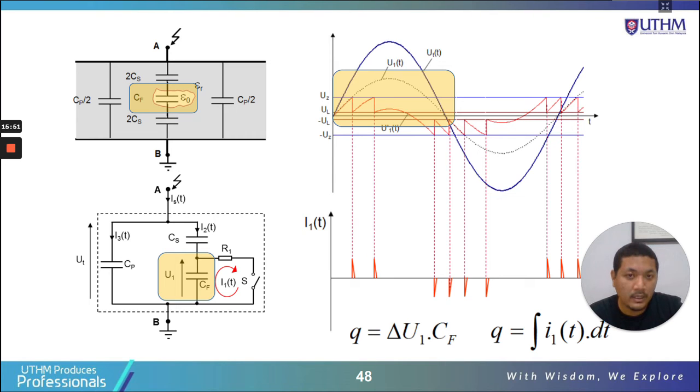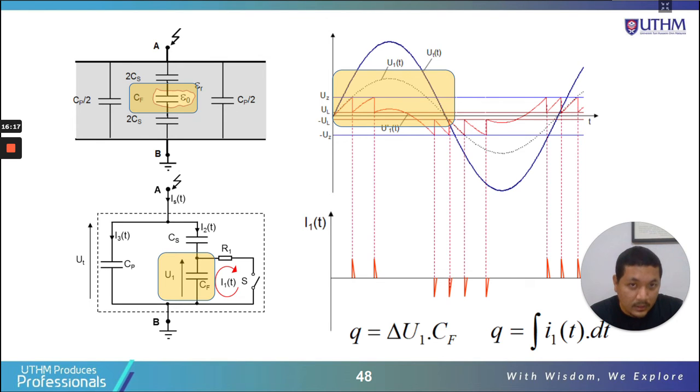So the current increases very quickly and then goes down, and after that the voltage across the void follows the total voltage waveform.